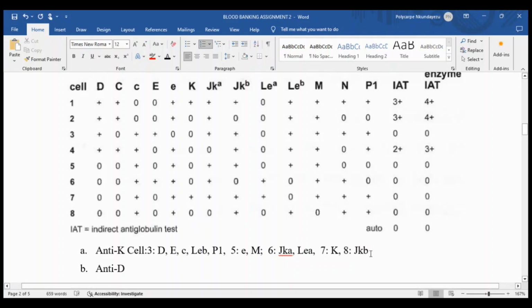Lewis B out. Okay, N. Now N, isn't it? N can be removed, and the final P1 is out already. So now the next thing is to identify the included ones.